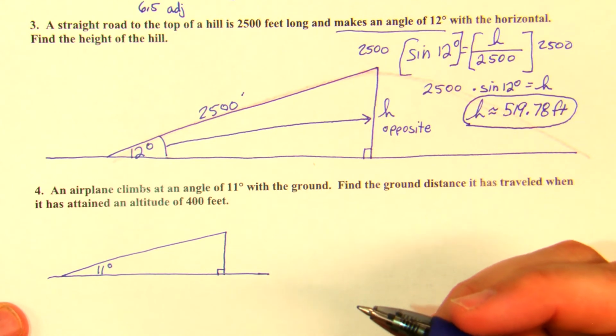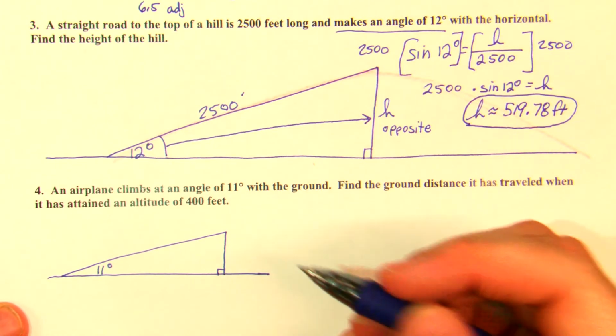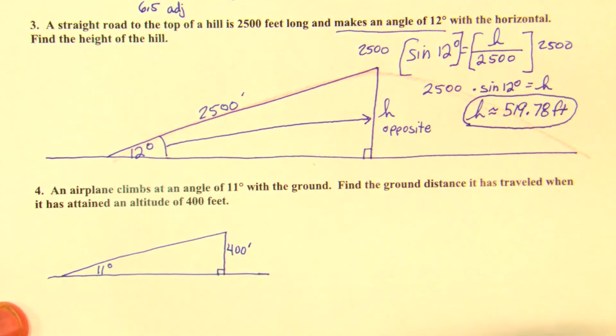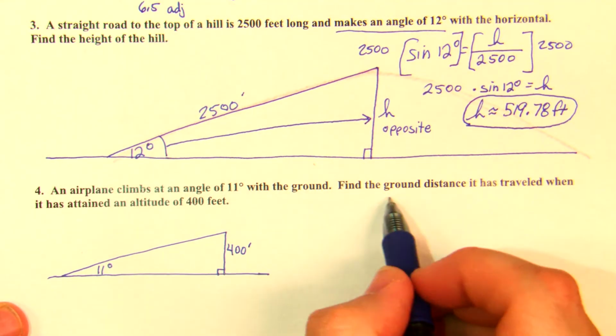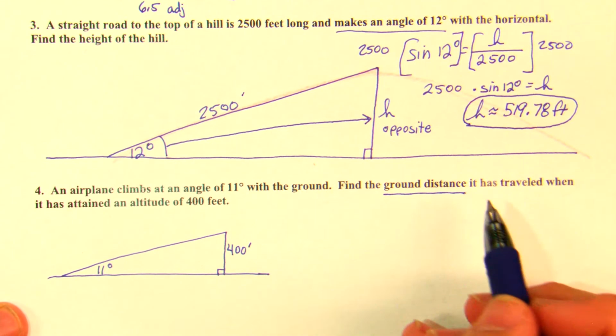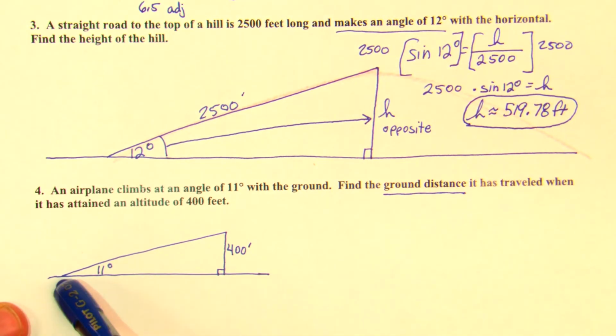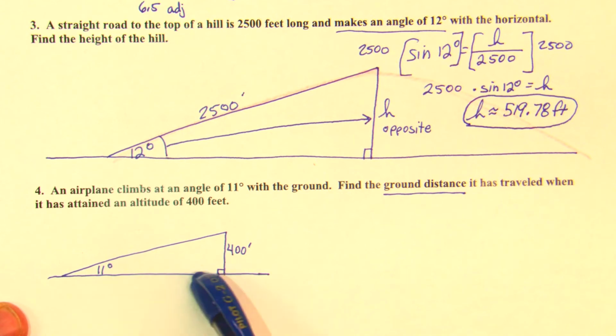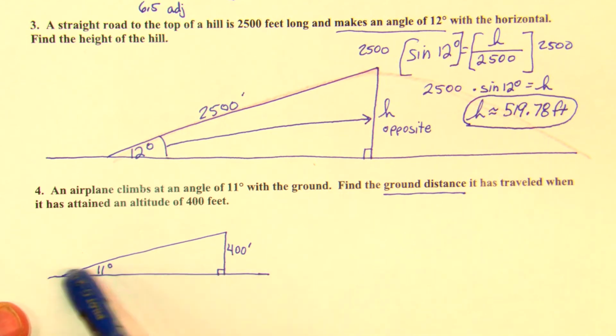Yeah, the height. The 400 feet is right here. And it says we want ground distance. But do we want the distance that the plane actually traveled, or do we want the distance here? Which one? The first one or the second one? We want the second one.